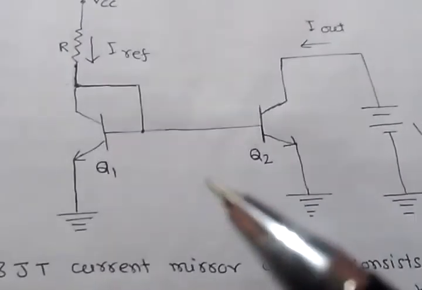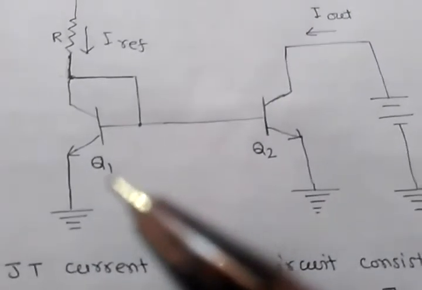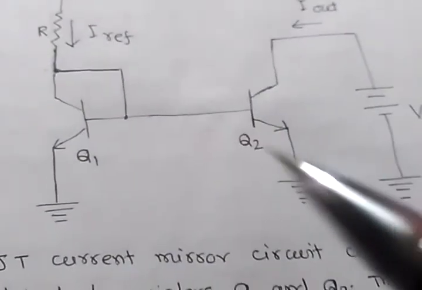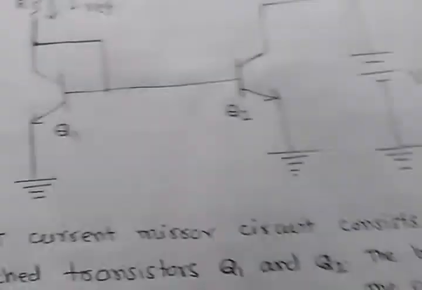So we can say the transistor Q1 sets the base emitter voltage of transistor Q2.